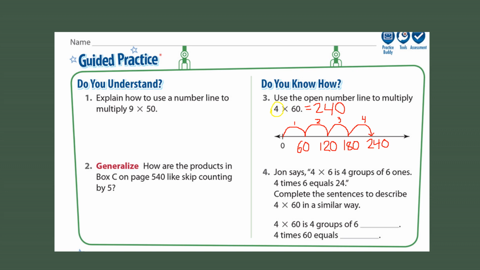So, just as John says 4 times 6 equals 4 groups of 6 ones, we can say 4 times 60 is 4 groups of 6 tens. So go ahead and write that in your workbook too. And he says 4 times 6 equals 24. We can say 4 times 60 equals 240.